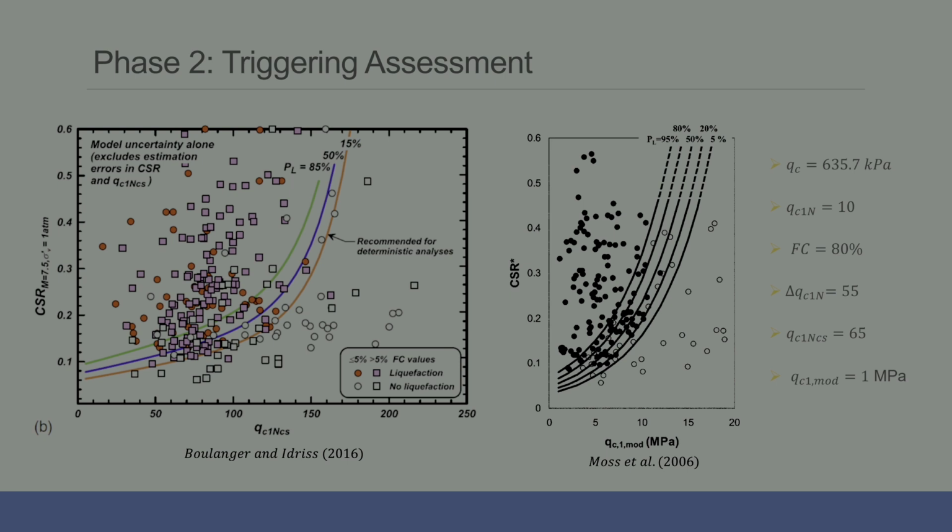This shows the importance of fines corrections inside the triggering models, which is discussed by Varun in this session. When we enter these models, we find that the cyclic resistance ratio is 0.12 for Boulanger-Idriss and 0.05 for Moss et al.'s method.